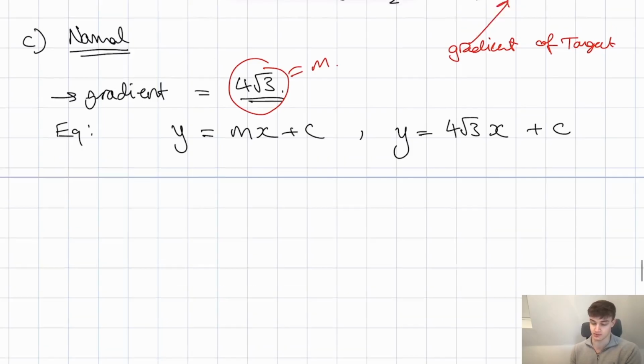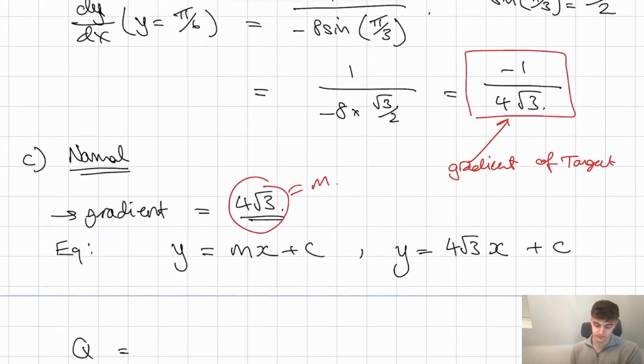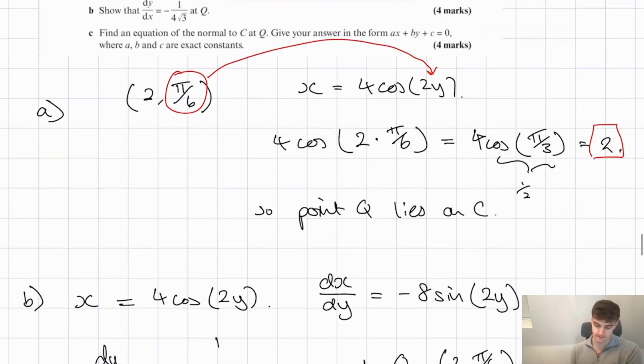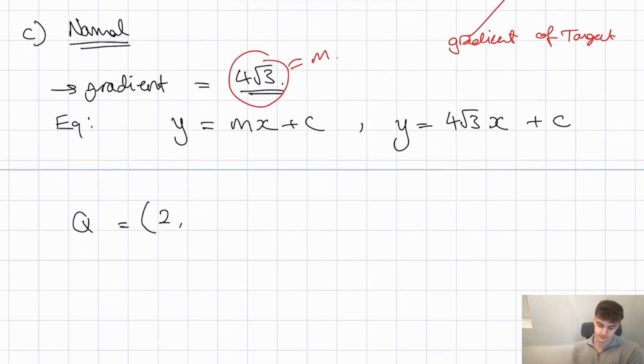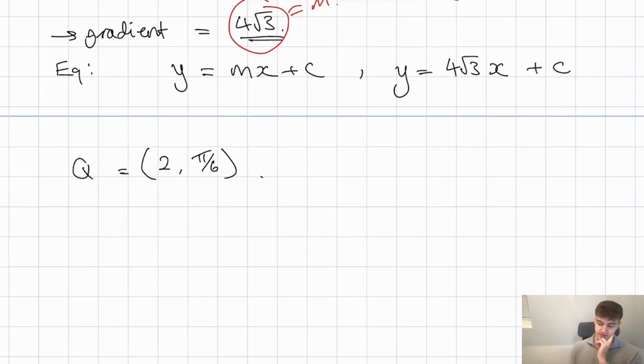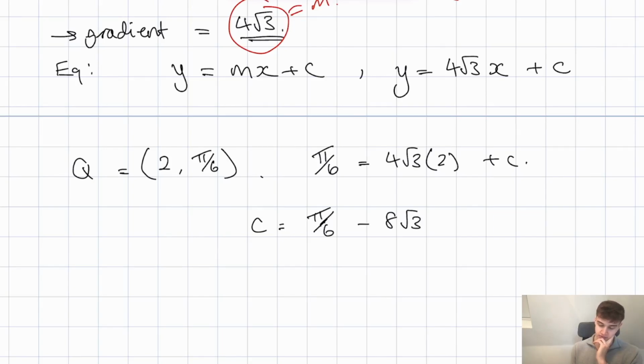We need to substitute in the point that we know, which is Q. And Q is up here, 2 pi over 6. Okay, so let's substitute that in. So that means pi over 6 is equal to 4 root 3 lots of 2 plus c. So c is pi over 6 minus 8 root 3, which means our equation is y is equal to 4 root 3 x plus pi over 6 minus 8 root 3.